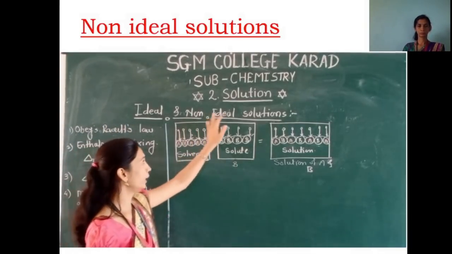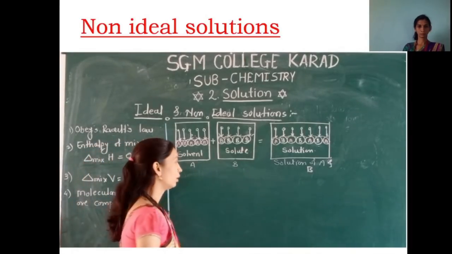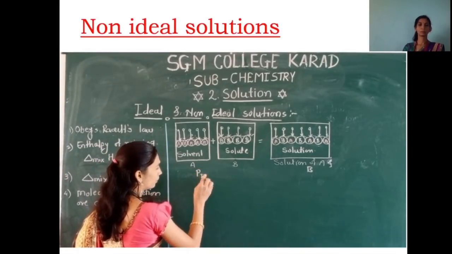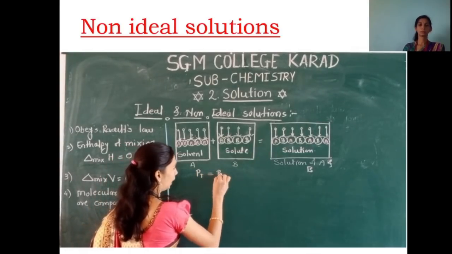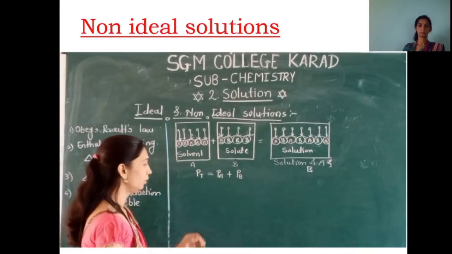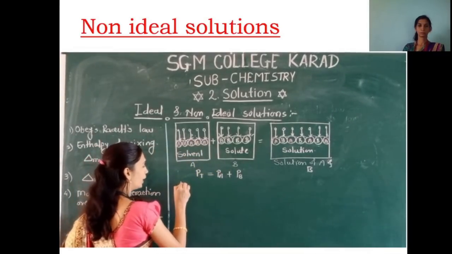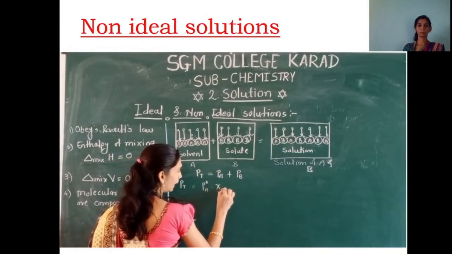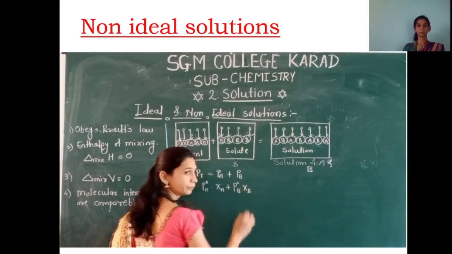For non-ideal solutions, when can we say that solutions are non-ideal? According to Dalton's law, we write total vapor pressure of the solution is equal to the pressure of A plus the pressure of B. We are taking two polarized liquids A and B. According to Raoult's law, we write PT is equal to P naught A into XA plus P naught B into XB.